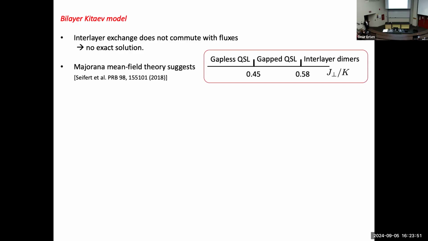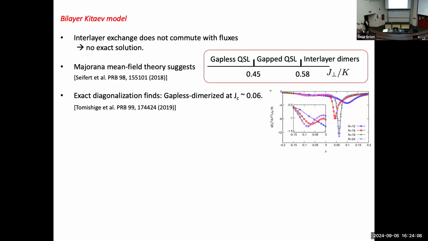And if you do a mean field theory, you get a phase diagram where you go from a spin liquid to a gapped spin liquid to interlayer dimers, where the interlayer exchange just forms dimers between the two layers. But exact diagonalization, a numerical calculation, showed that this mean field theory is not very accurate.